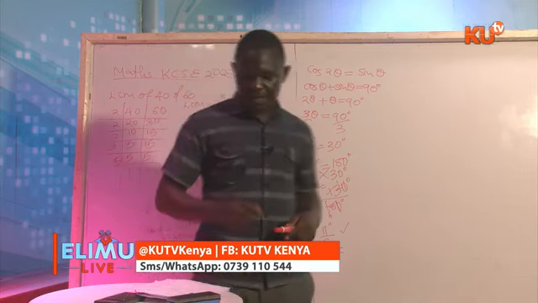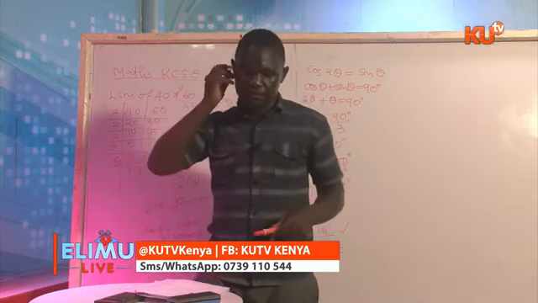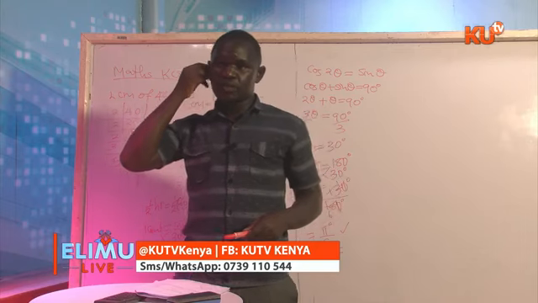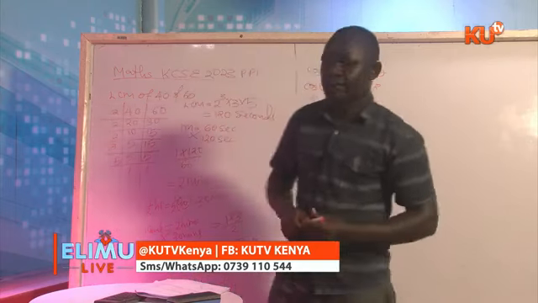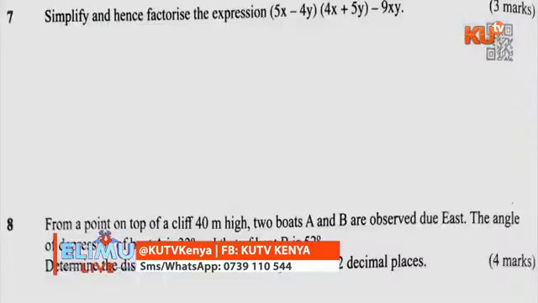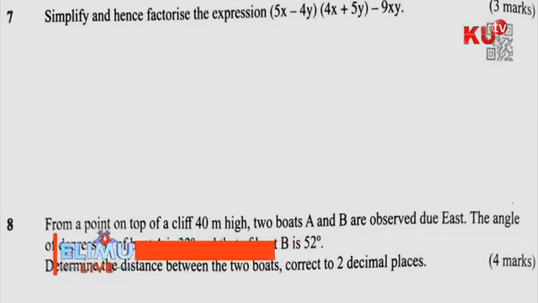Now, let's check on question number 7, dear students. Simplify and hence factorize the expression given. You are supposed to simplify and factorize the expression given. So what is the expression there?